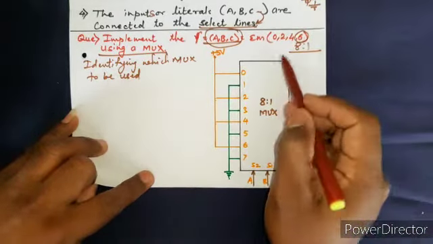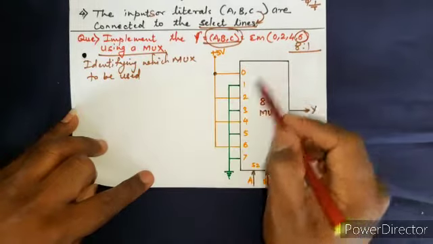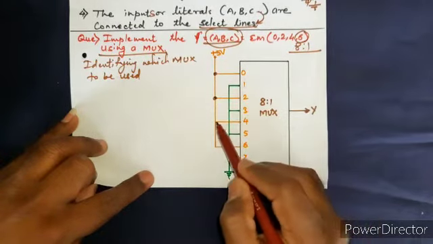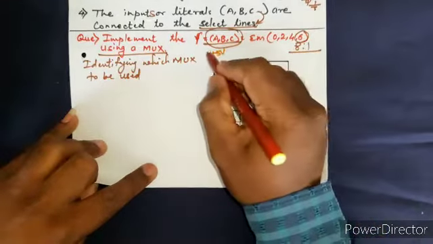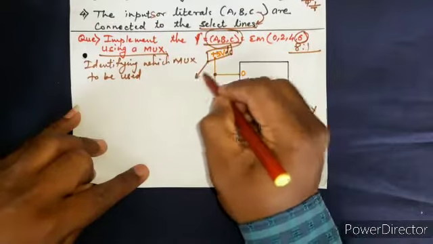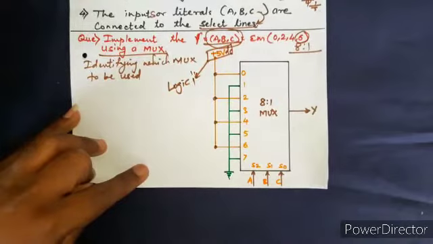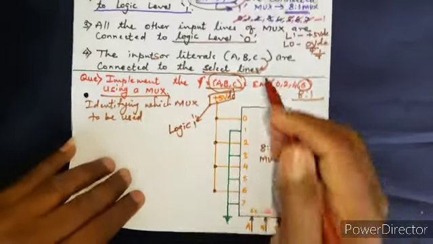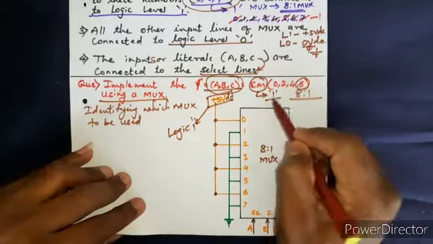Now you see input lines 0, 2, 4, 6 are connected to plus 5 volt DC, which corresponds to logic 1, because this small m means SOP, which corresponds to logic 1.